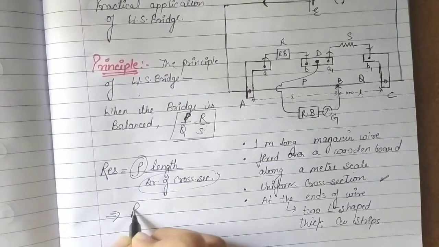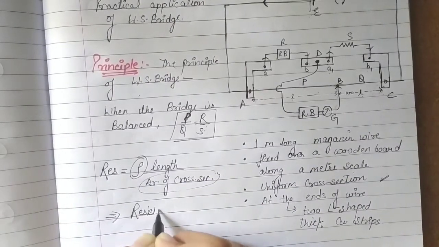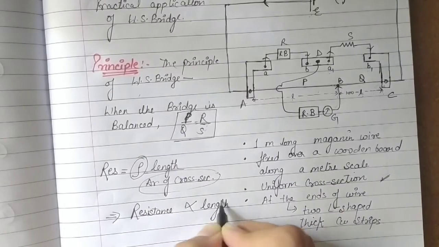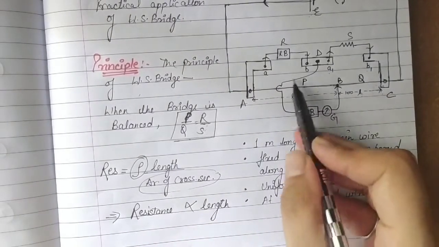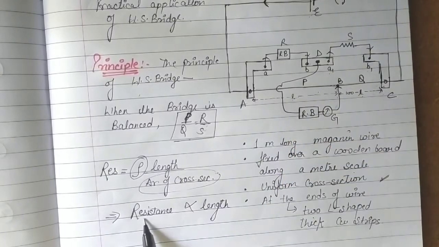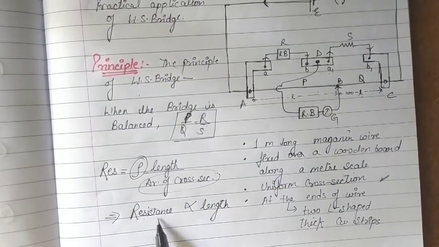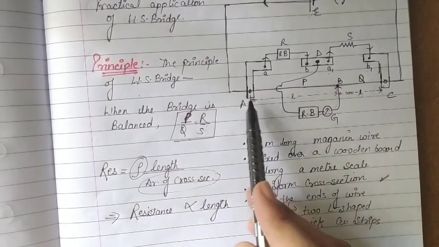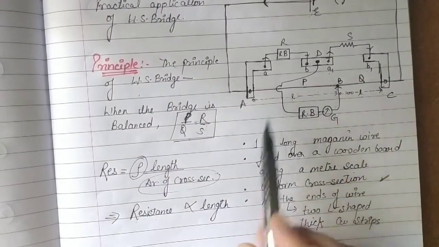That means resistance of the section only depends on its length. Means if the value of L is high or large, the section will be having large resistance. If this length is small, then the section has low resistance.